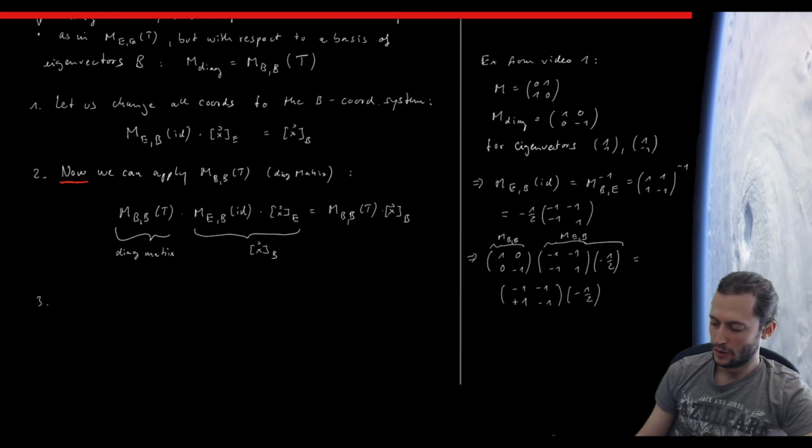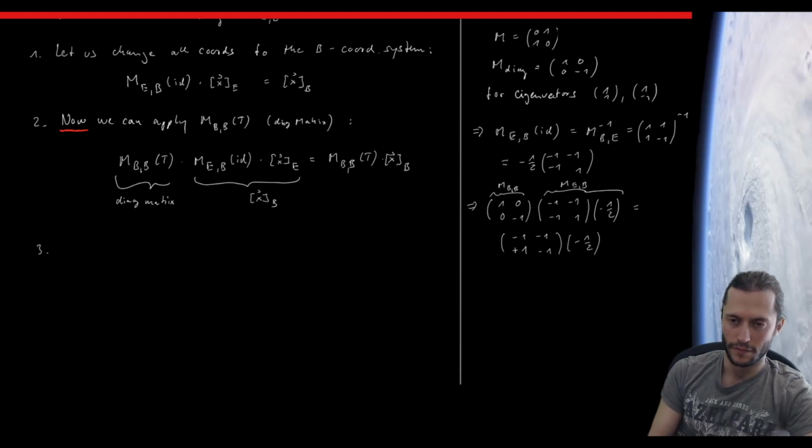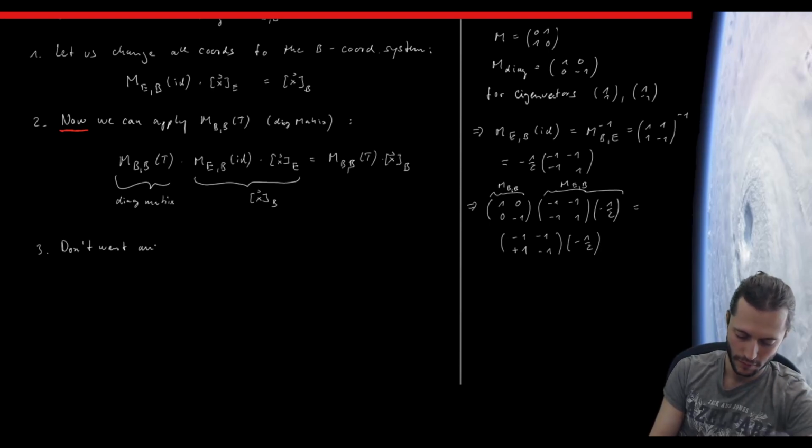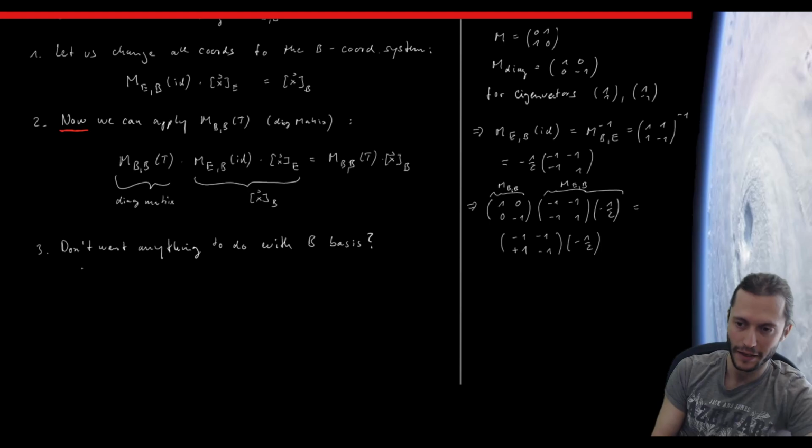So why not change coordinates back to the original state once we applied our map? So let's write this down. You don't want anything to do with the B basis. Let's change the coordinates back.